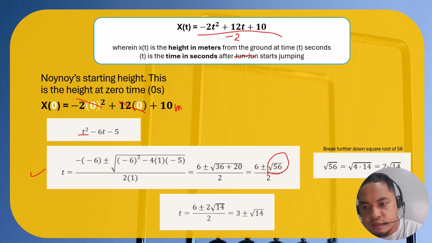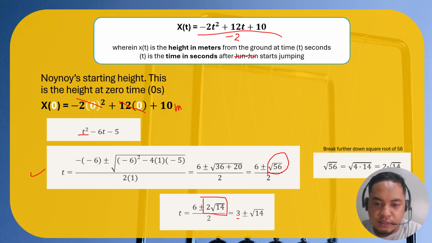Then you can extract 2 from the radical sign, so you will have 2 square root of 14. So here, 2 square root of 14 plus 6, and then we have 2 here. We will divide 6 by 2, so you will have 3, and 2 by 2 is 1, so you will just copy negative 40.